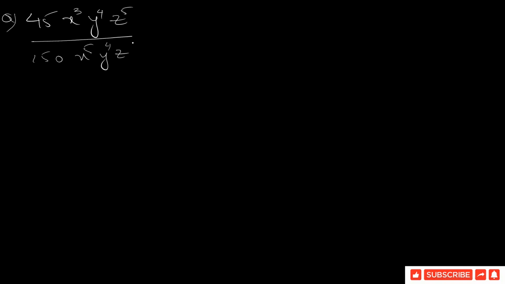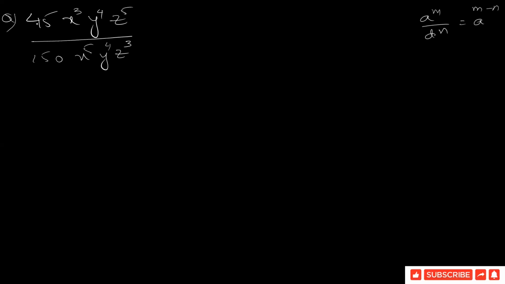Let us do a little more complicated question, that will be 45 x power 3 y power 4 z power 5 whole divided by 150 x power 5 y power 4 and z power 3. Now if we solve them with the help of laws of indices, a power m over a power n is equal to a power m minus n.